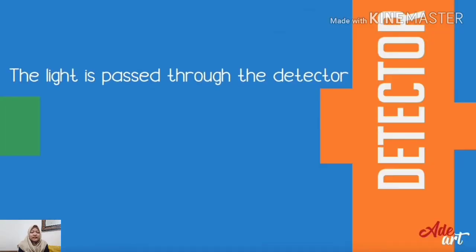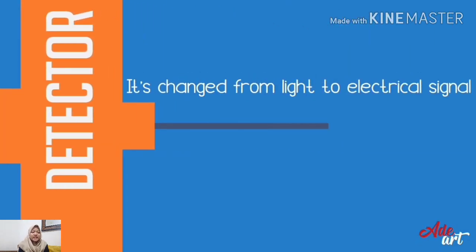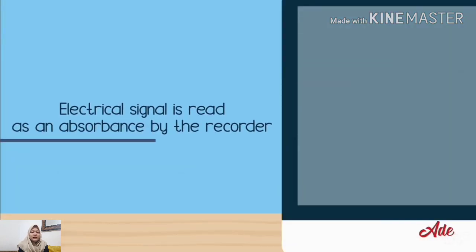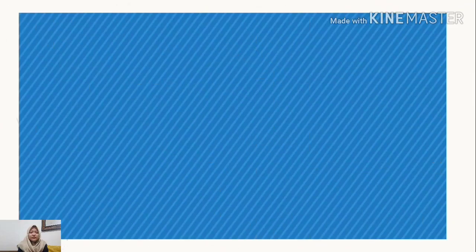The light is passed to the detector. It changes from light to an electrical signal. The electrical signal is read as absorbance by the recorder, and that's how the spectrophotometer works.